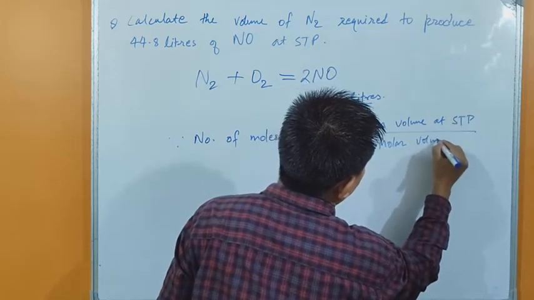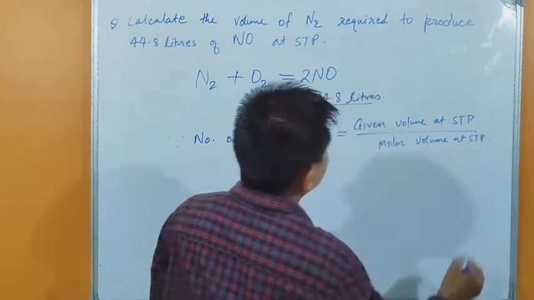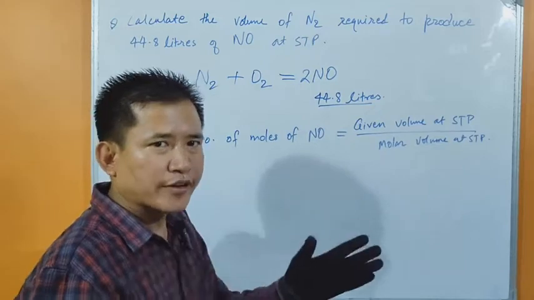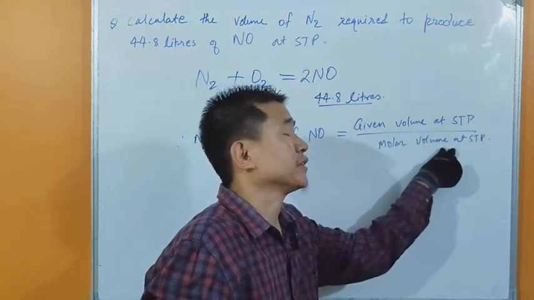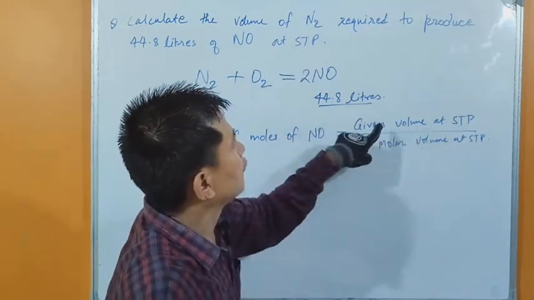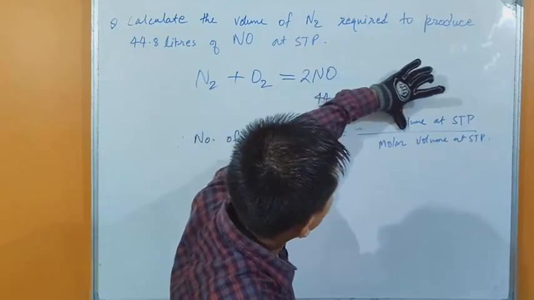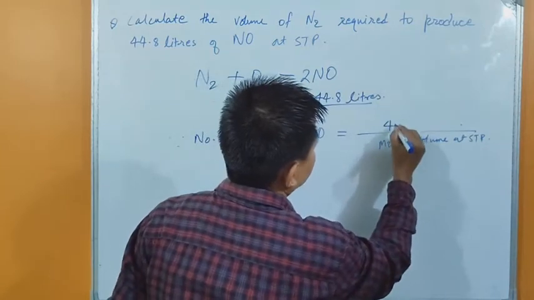I hope you remember this formula. Because volume is given to us, we need to use this formula. We cannot use the weight formula. So the given volume of nitric oxide is how much? 44.8 liters. So instead of this, we write 44.8 liters.